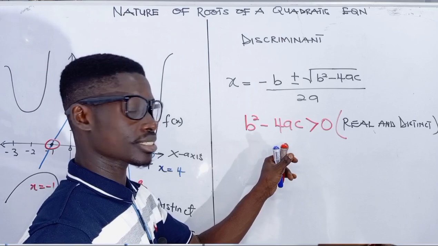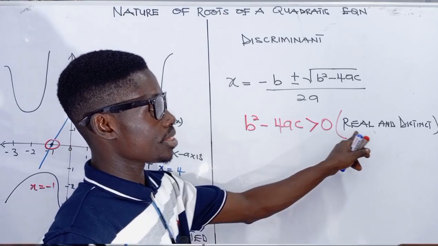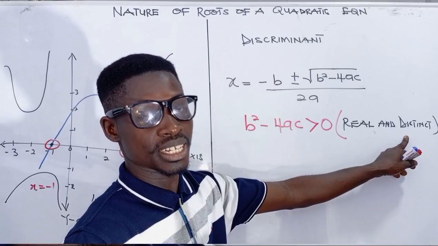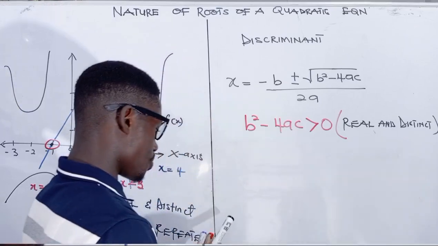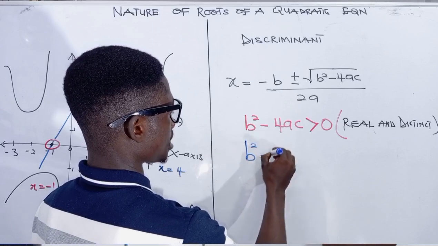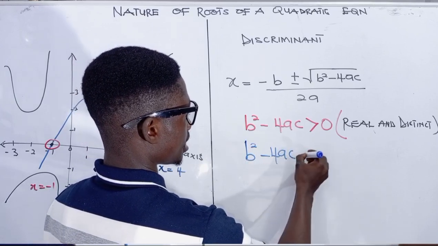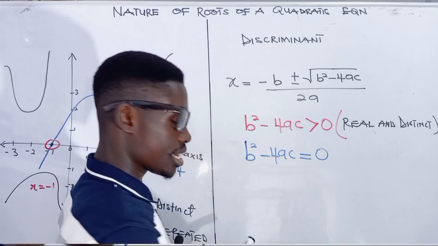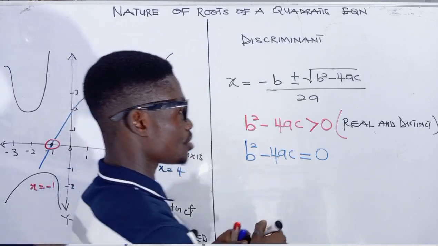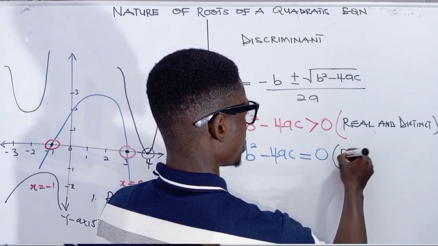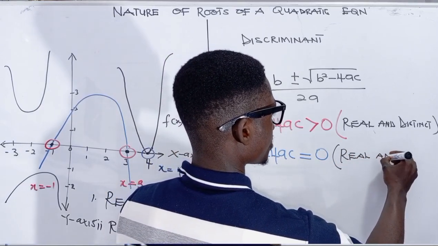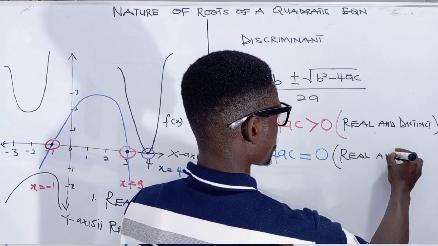When the discriminant is greater than 0, the roots of the quadratic equation are going to be real numbers but different numbers. Also, when the discriminant, which is given as b squared minus 4ac, is equal to 0, then the roots or the answers to the quadratic equation are going to be real numbers and repeated roots.